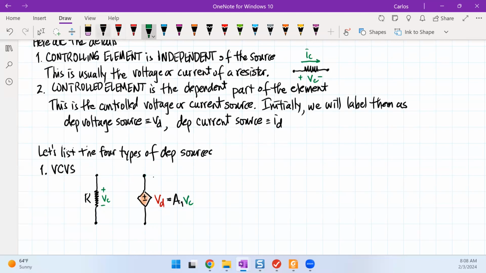This guy is the output voltage, this guy is the input voltage, where the units of A1 will be in units of volts per volt. So again, I have to connect that resistor to that voltage source.